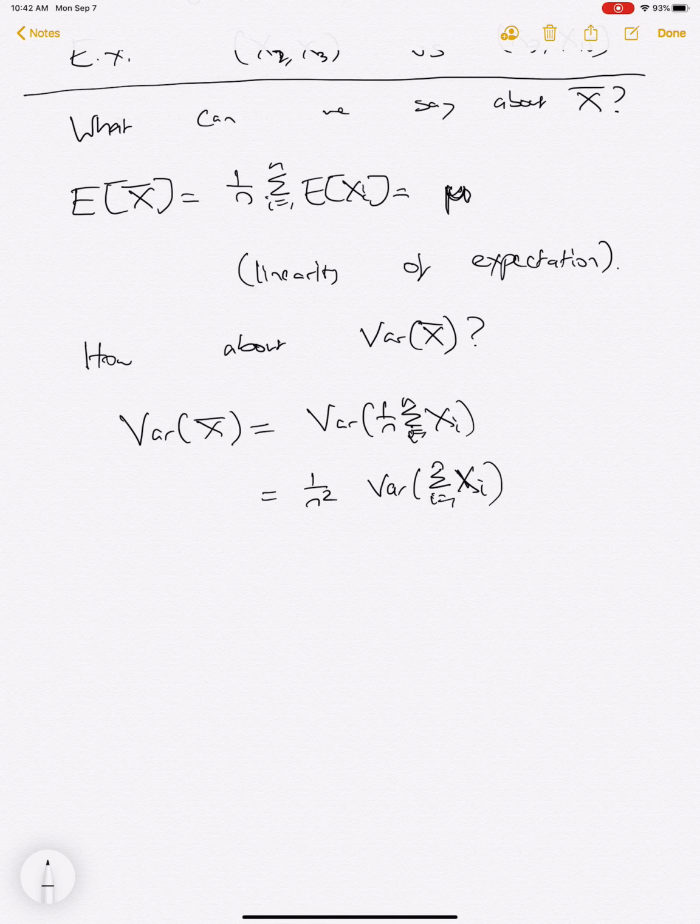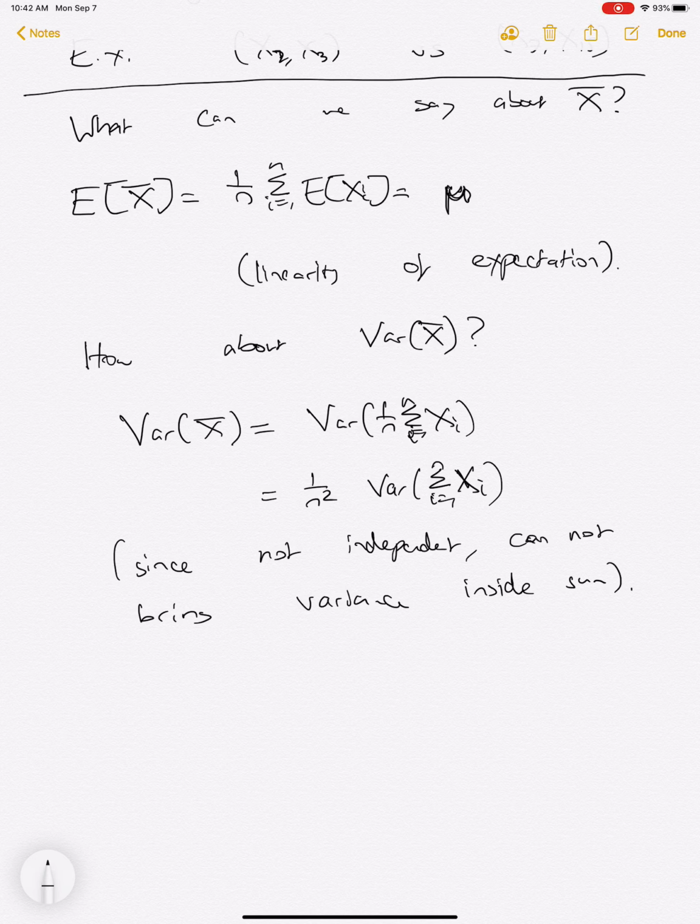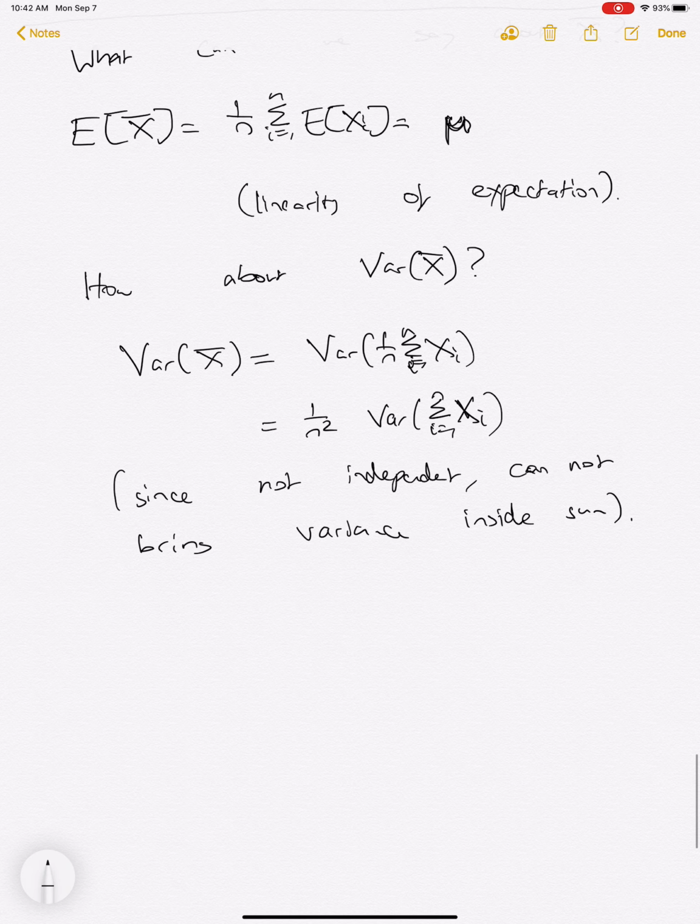But what we can't do now, since we're not independent anymore, is bring the variance inside. We'll see that that makes our life a little bit difficult, but we'll still be able to proceed, and we'll see how.